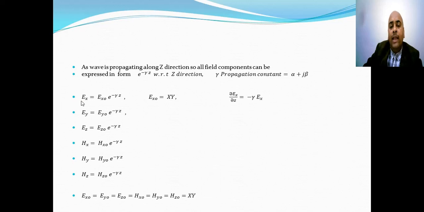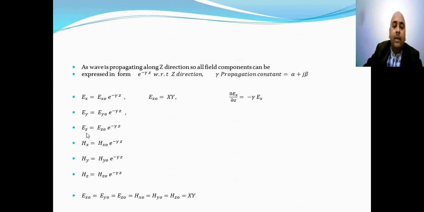So if we take the differentiation of Ex with respect to z direction, we can write it in the form that it is equal to minus gamma into Ex. Similarly, Ey can be written as Ey naught into e raised to power minus gamma z.